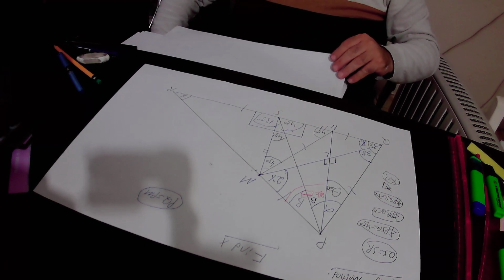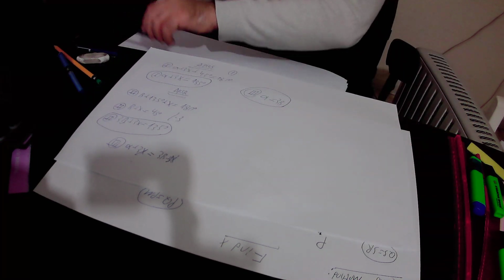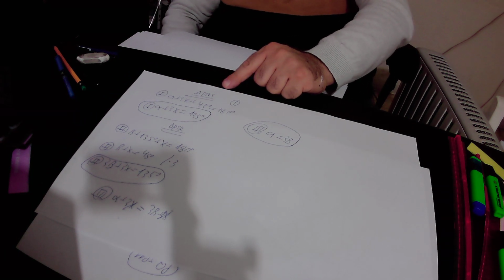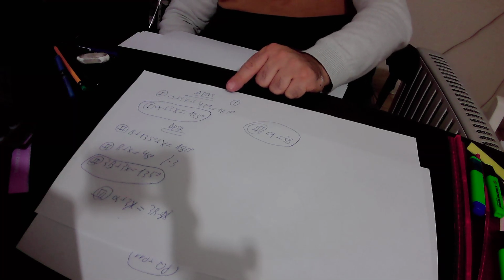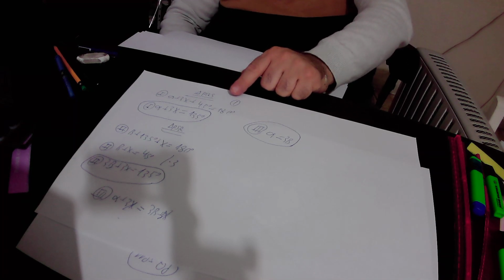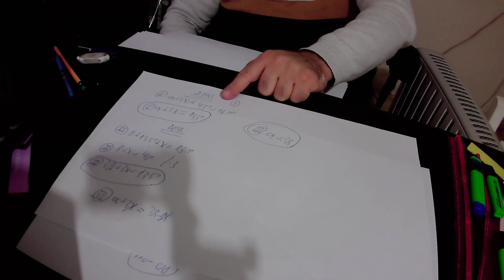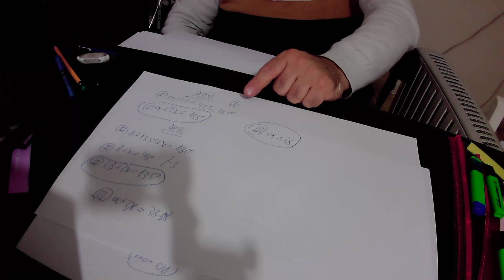Then we know that the sum of the angles in any triangle is equal to 180 degrees. That is to say, the sum of the angles in triangle PQS equals 180 degrees. It means that alpha plus 3x plus 45 degrees must be equal to 180 degrees. We subtracted 45 degrees from this equation, equation number 1, and we got that alpha plus 3x equals 135 degrees.